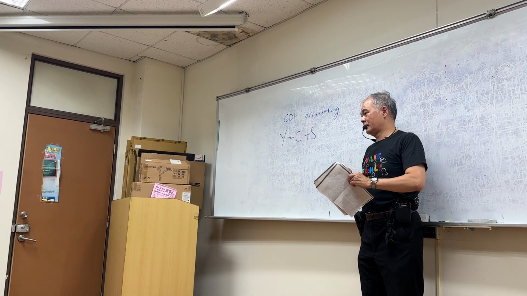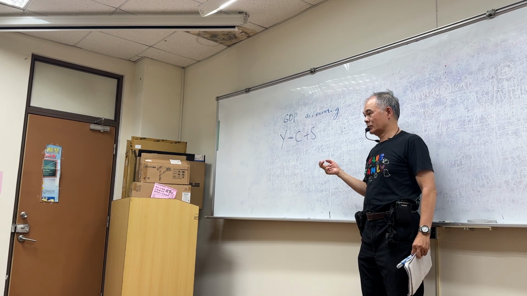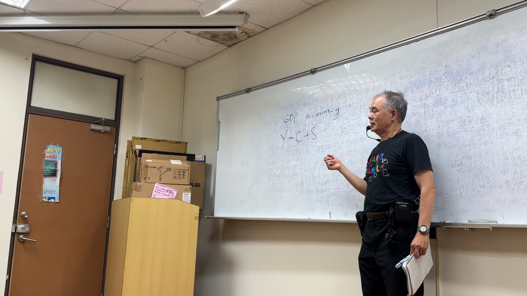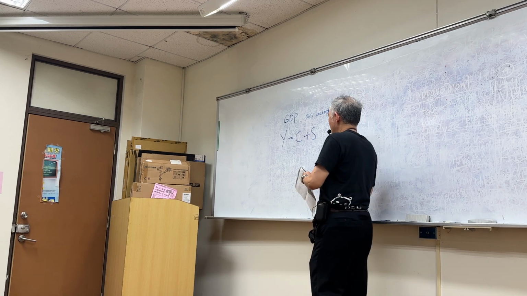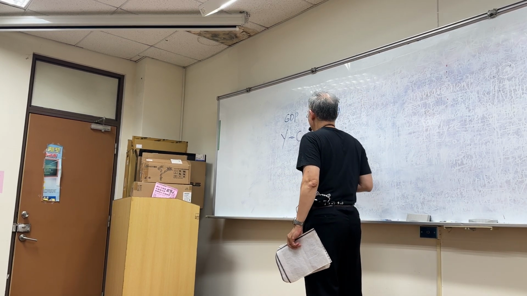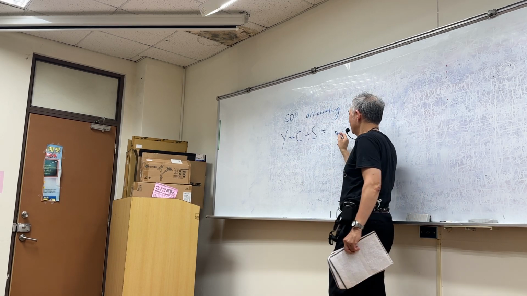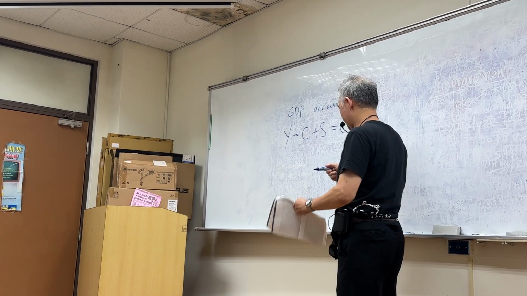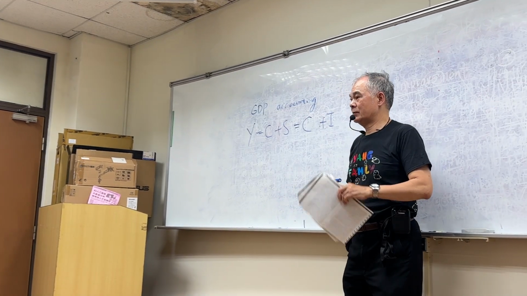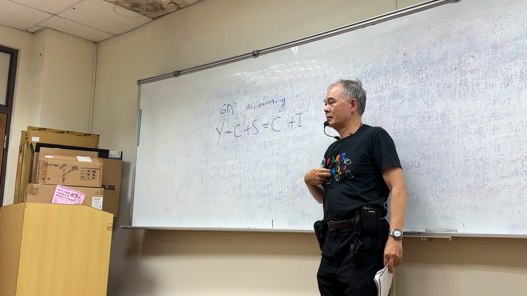And we divided the economy into two sectors. One is the household, so a single person, and then a business. So if a business has an income, what can it do? It can use it to consume and then to invest, right? So what is the condition for the economy to be in equilibrium?